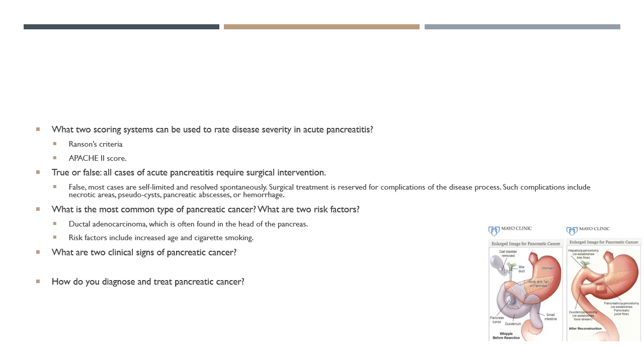So what are two clinical signs of pancreatic cancer? You have Courvoisier sign as well as Cullen sign. Now, Courvoisier's, yes, that's the palpable gallbladder that occurs with a painless jaundice.